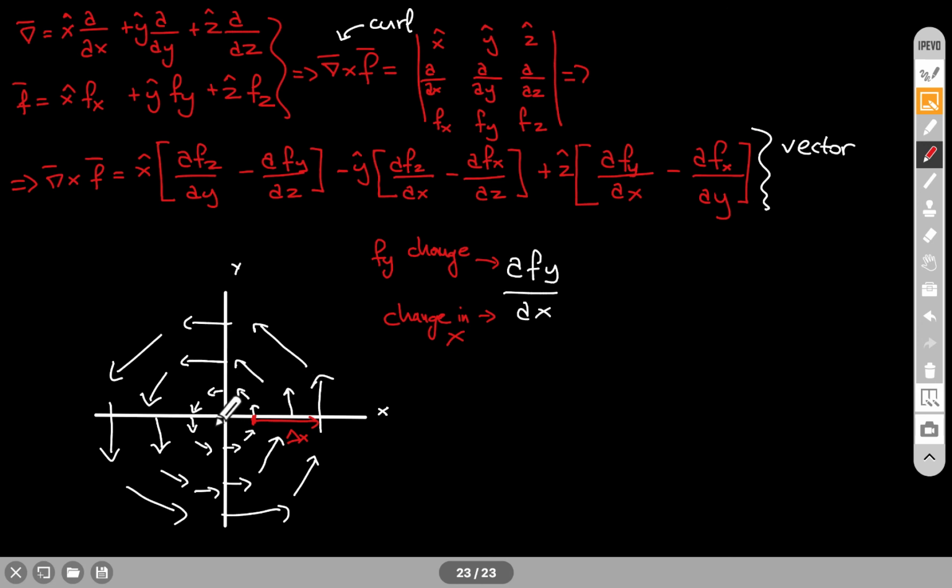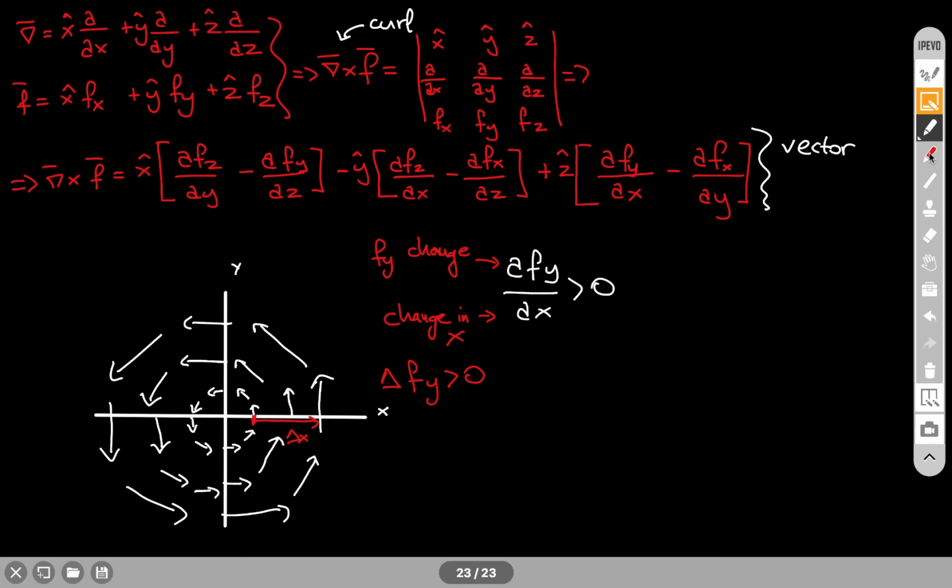Their projection to the y-axis, or the y component, okay, this arrow here ends up having a greater y component, and this one has an even greater y component. So when I make this small change in x, the y component of the function has a positive change, and this brings me to concluding that this is a positive number.